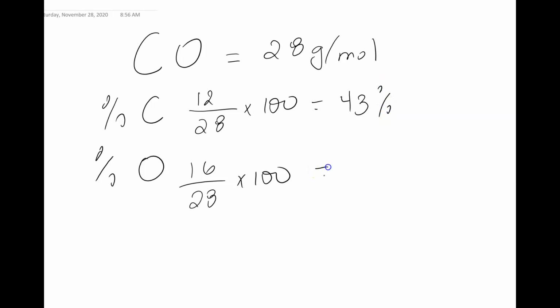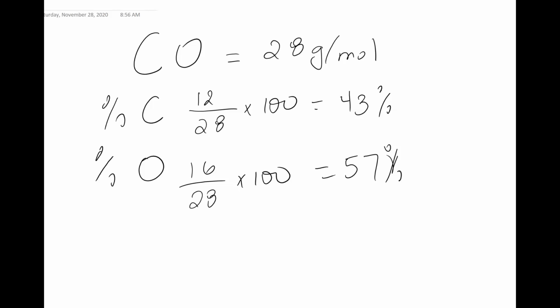It's 43%. Now, if this is 43%, what do you think the rest is? The rest is oxygen, out of 100. We expect to get 57, because 57 plus 43 is 100. And that's what we get, 57%.